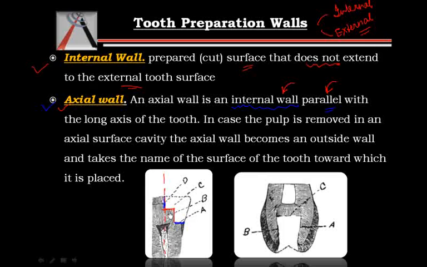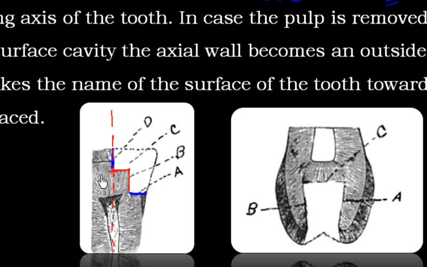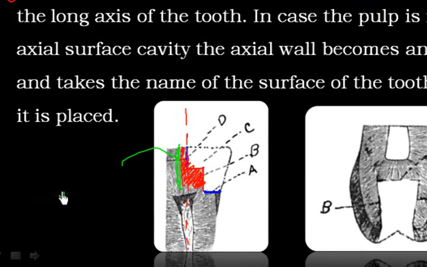Now there's one scenario wherein this axial wall can be converted to the external wall. In a case wherein we have a deep cavity and we tend to remove the pulp of this particular tooth, in such a scenario the axial wall will be shifted here and then it will become an external wall, which is now continuous with the external tooth surface, and it will take the name of the surface of the tooth towards which it is placed.